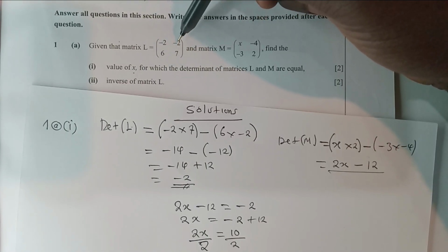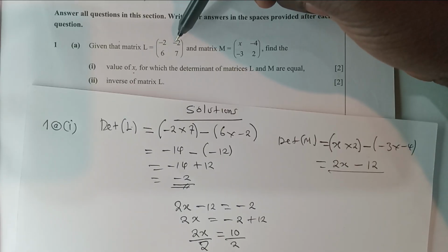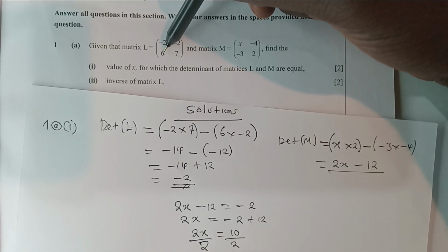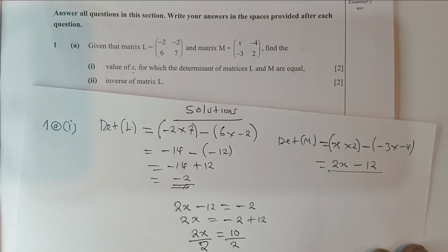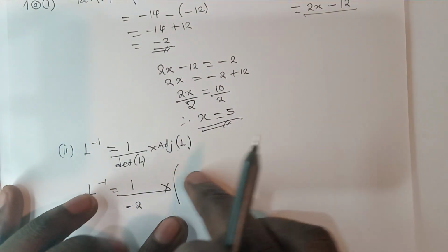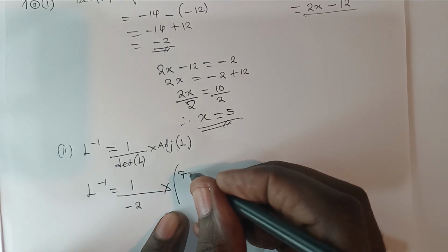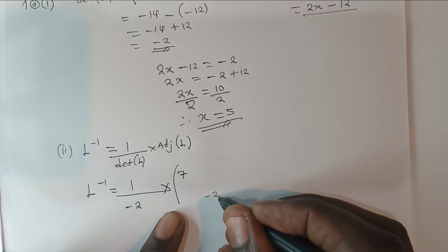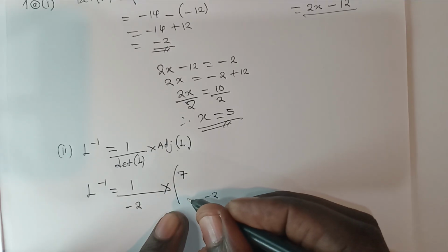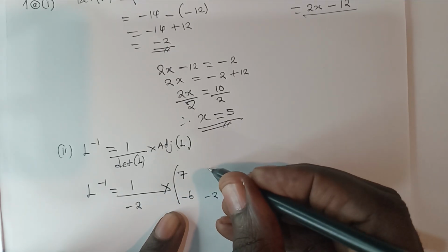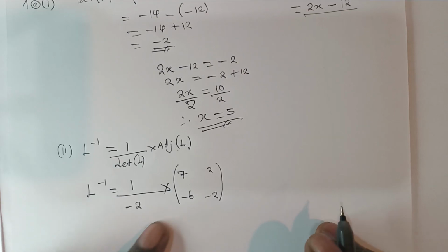For the element which is a negative number, it changes to positive, and the one which is positive changes to negative. So that is about the adjoint of the matrix. So let's continue. So adjoint of L in this case is going to be 7 here, then negative 2, and then negative 6, positive 2. That is what we are going to have.